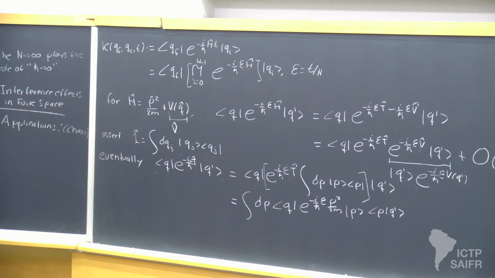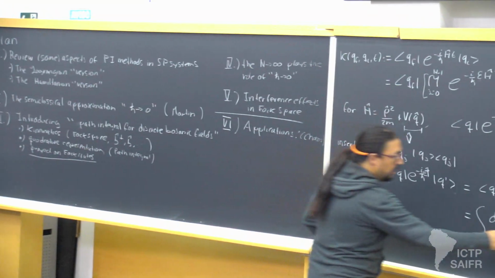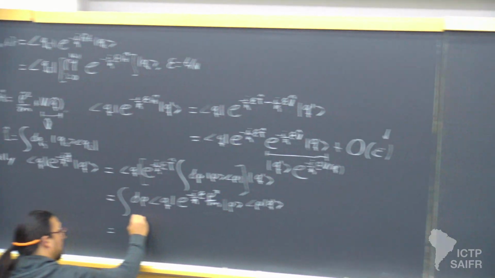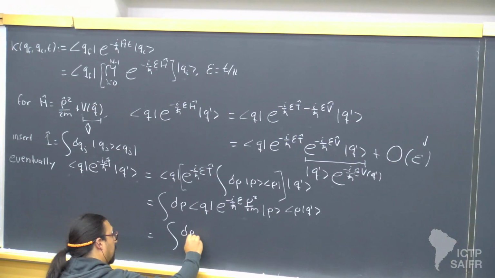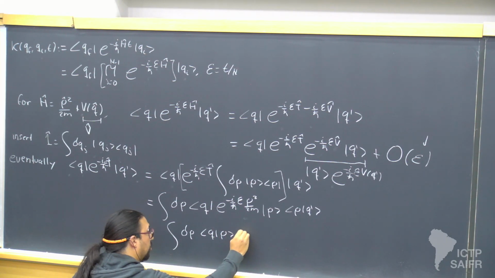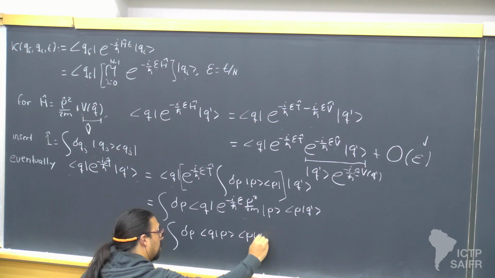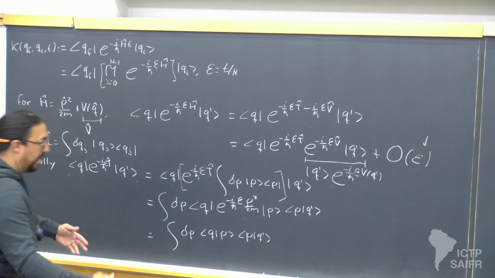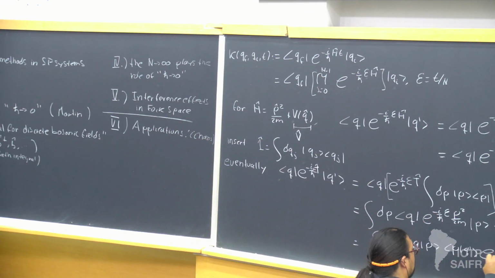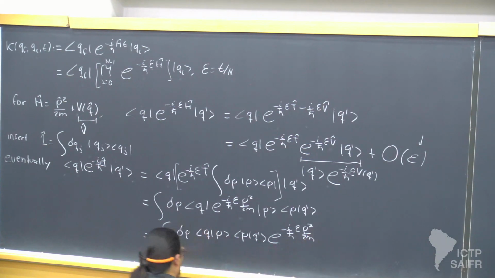Good. Now, this is just a number. So the P goes through. These are just numbers, you know. I don't have any operators, anything. This is just an integral. These are known functions. I will write them, because I know what this is.